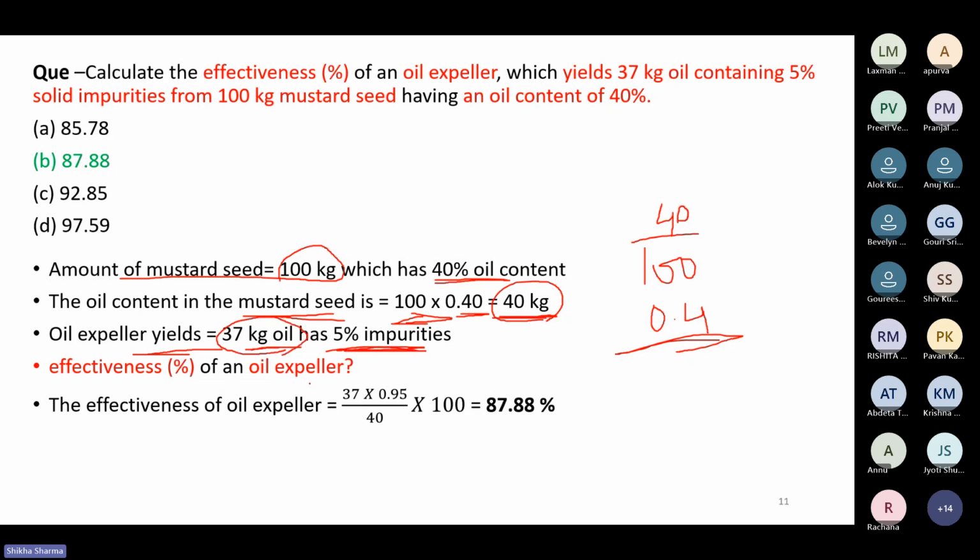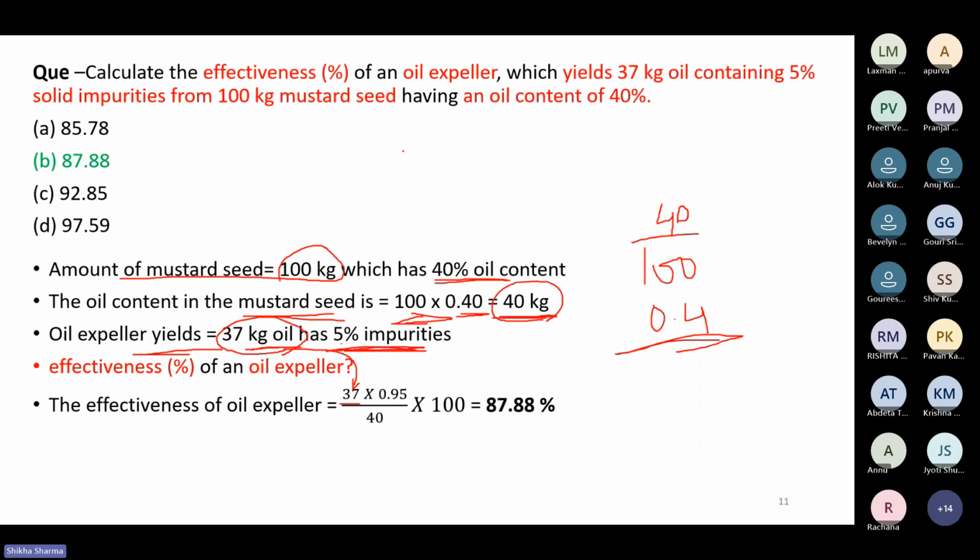So effectiveness will be output divided by input. The output is 37 kg of oil, but it has 95% purity and 5% impurity.